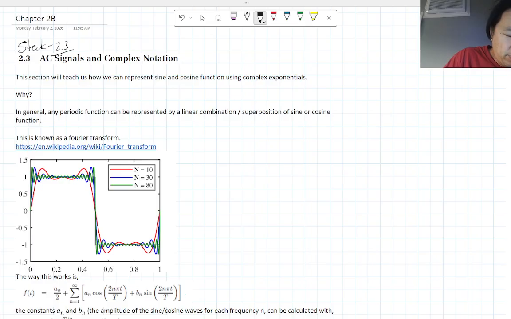For example, my computer to the Wi-Fi router that's uploading this video, the information is sent by sine and cosine function with different frequencies, and then the amplitude of each of those frequencies tells you the digital bits that I'm sending up to the Wi-Fi router.